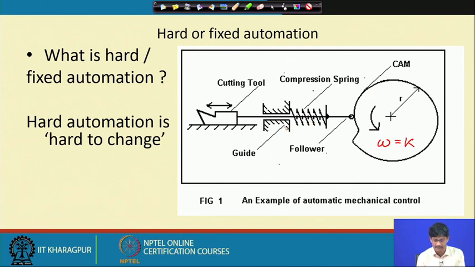This is called the guide, this is the follower, and this is the push rod passing through. This is the cutting tool and this is the cam, and this is an example of mechanical controls for fixed automation, and the main device is the cam.